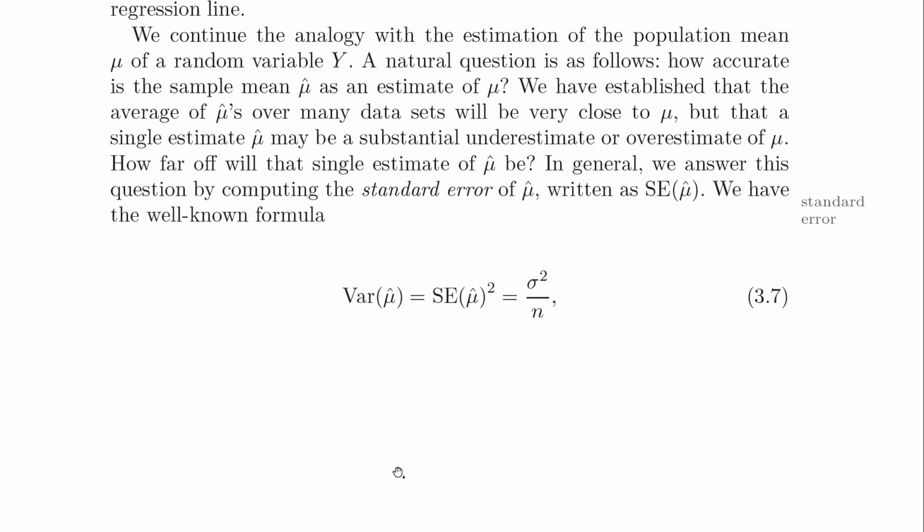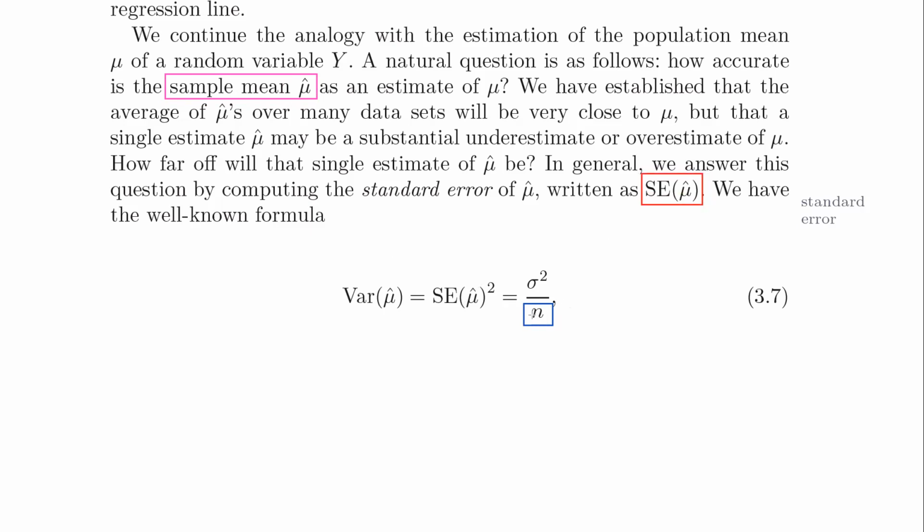And does it make sense to you? The larger the n, the more data points you're including in the calculation of the sample mean, then you would expect it to be inversely proportional to the standard error.